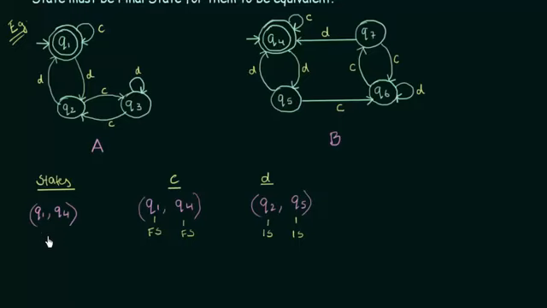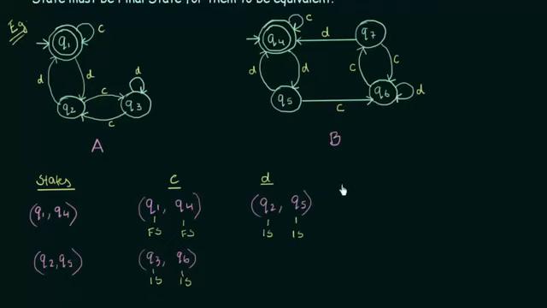Now let's check the pair Q2 and Q5. Q2 on input C goes to Q3, and Q5 on input C goes to Q6. You can check it in the diagram. Q3 is an intermediate state and Q6 is also an intermediate state.